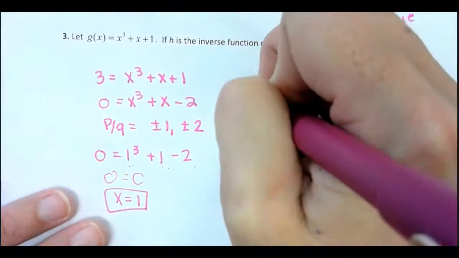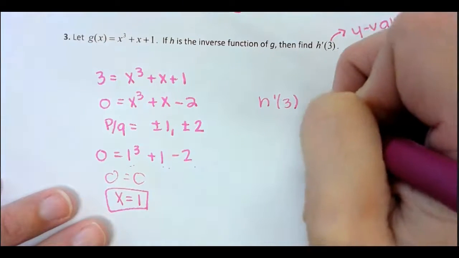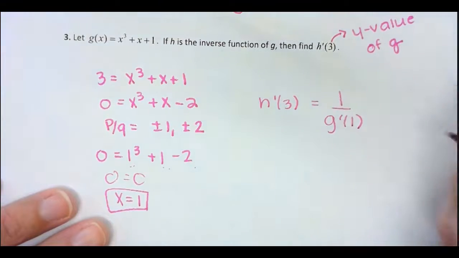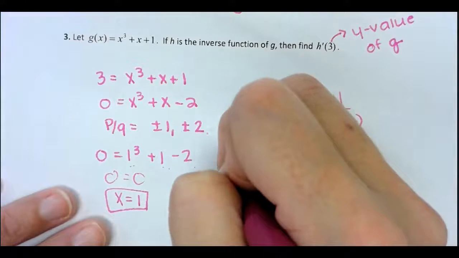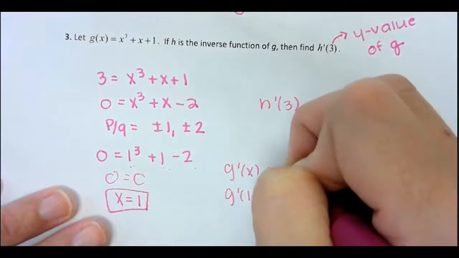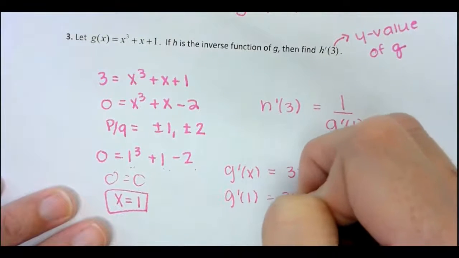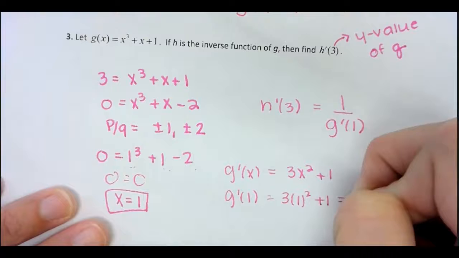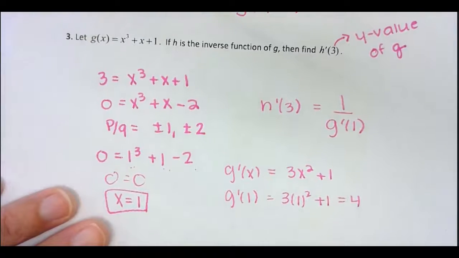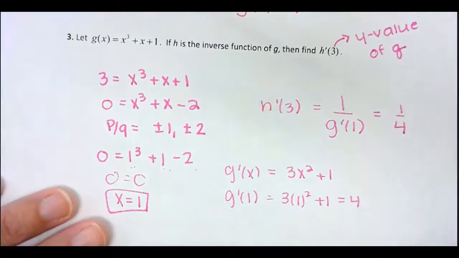So therefore, h prime of 3 is equal to 1 over g prime of 1. So that means I need g prime of 1. So h prime of 3 is equal to 1/4.